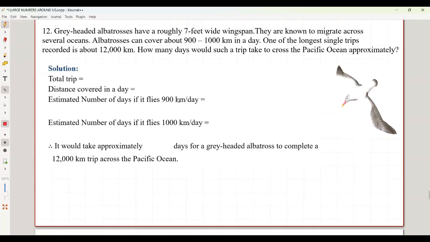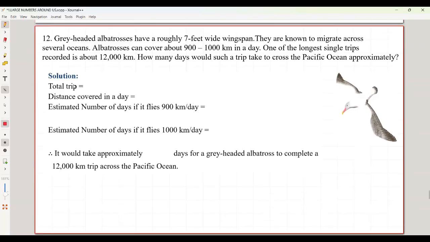Here all the questions are related to a little GK, general knowledge, also. The total trip is given as 12,000 kilometers. The distance covered in a day is given: it can cover 900 to 1000 kilometers. Now, the estimated number of days if it flies 900 kilometers a day, how many days?